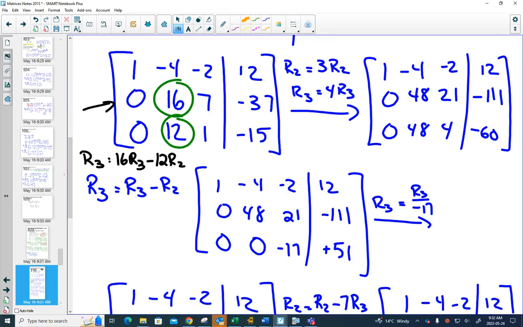That's perfectly fine as well. If you did that as a step, it's not nice numbers, okay? Taking this extra step and making them both 48s, I guess technically I could have taken 4 row 3s minus 3 row 2s. That would also get rid of that number.